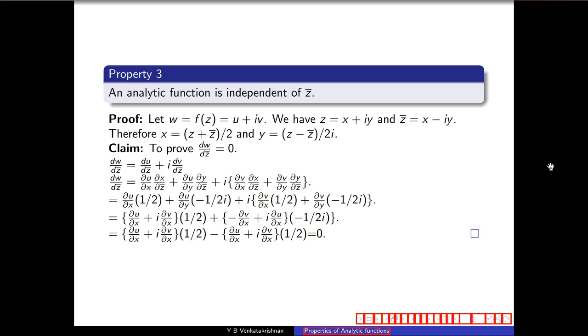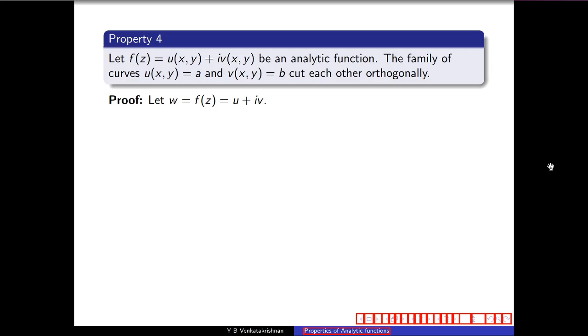So as said earlier, this property 3, namely that an analytic function is independent of z bar, is an important property.